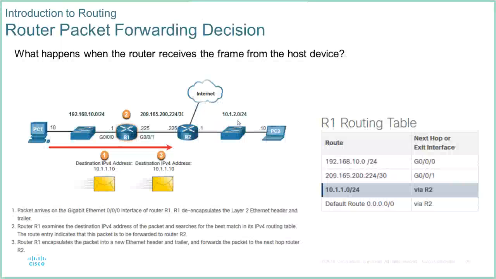And there's a typo in this diagram. That should be 10.1.1.0/24. That would line up with the routing table and what's on these envelopes over here.